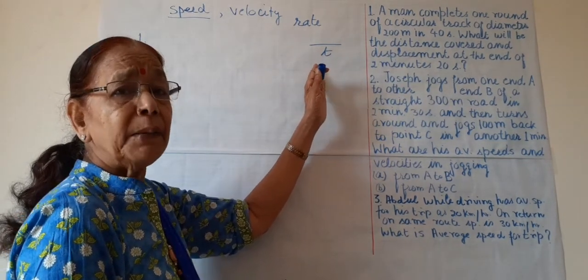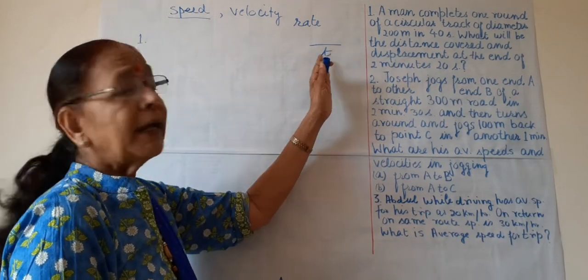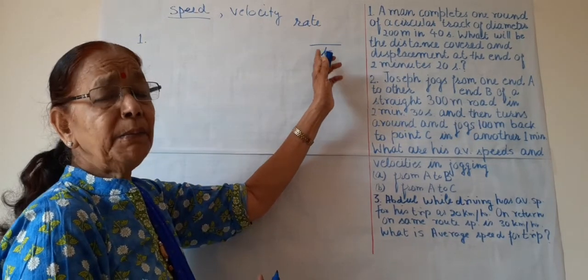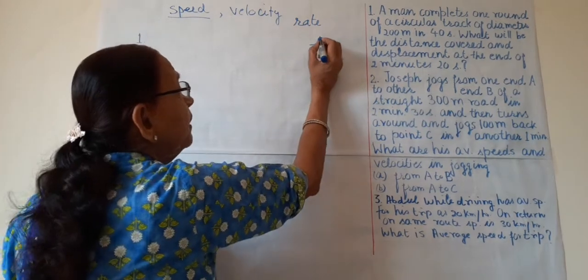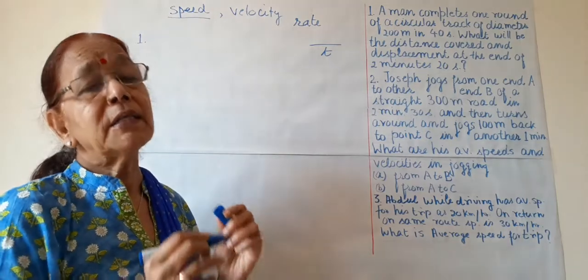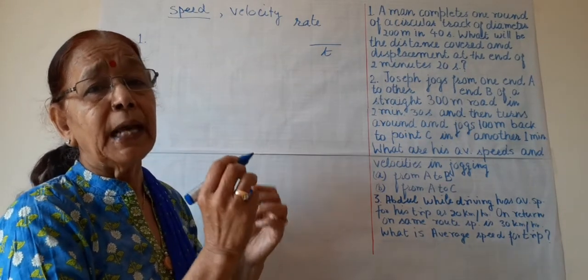T is time. When time is put below the line, or we are dividing a quantity by time, then we say this is rate. So rate of distance travelled is speed, or speed is distance per unit time.